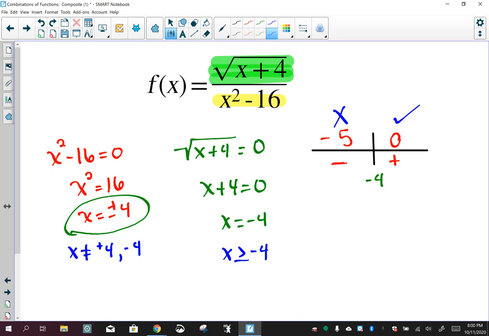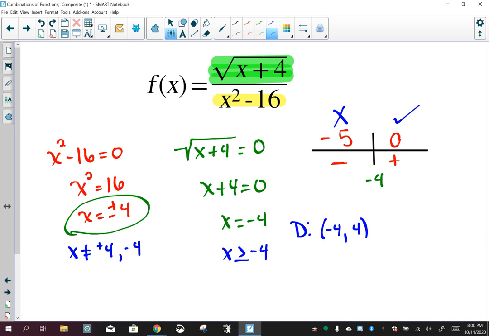Okay? So this is what we have to do. Since this is one of my restrictions that I have to focus on, I cannot come in from negative infinity like I did in the last one. So here I'm going to start at negative 4, and I'm going to run all the way up to positive 4.